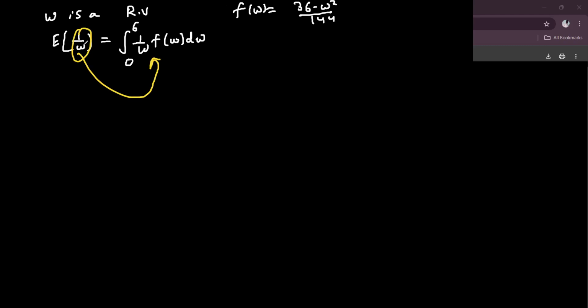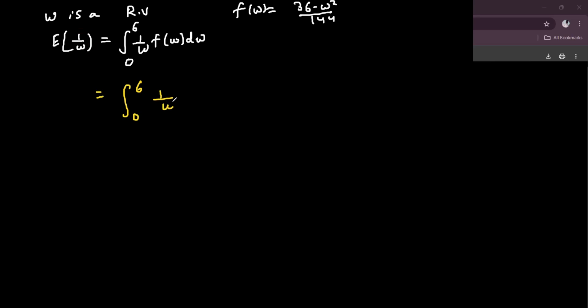If w square is given, you put w square. If w cube is given, you put w cube. Here 1 upon w is given, so you put 1 upon w. Let's suppose this is g(x). Now we understood that any type of function can be given.